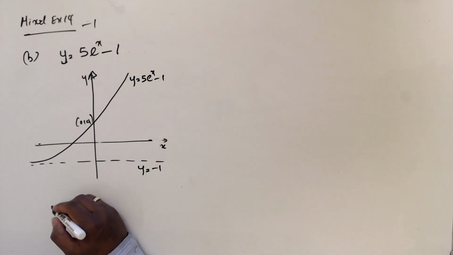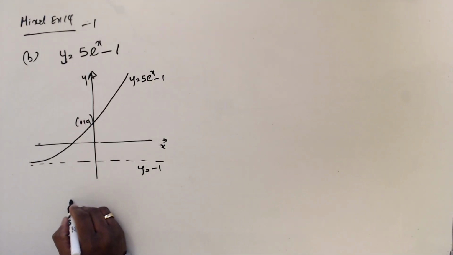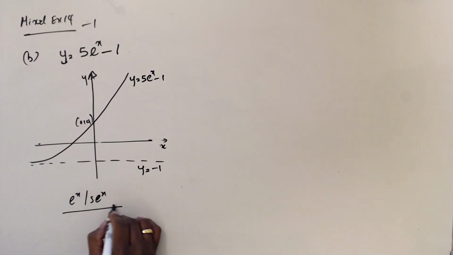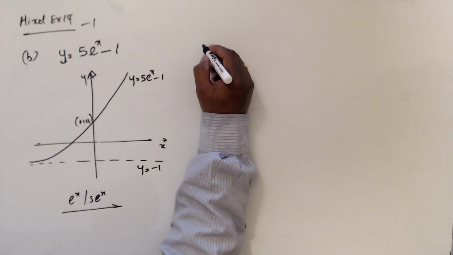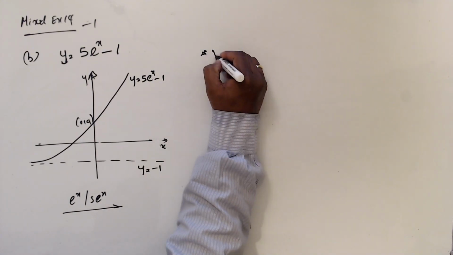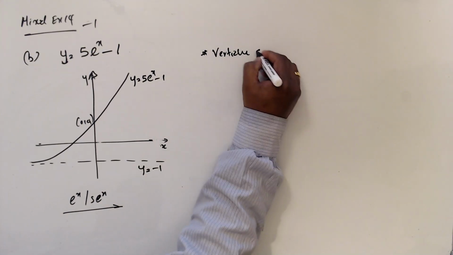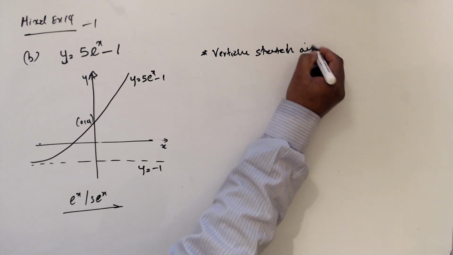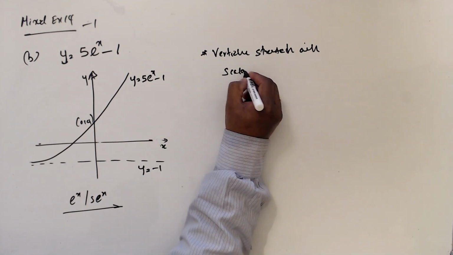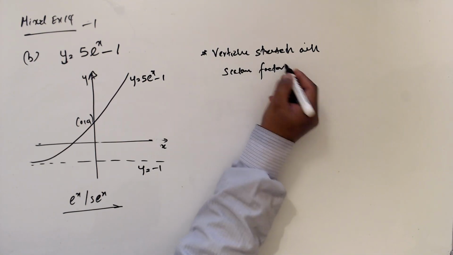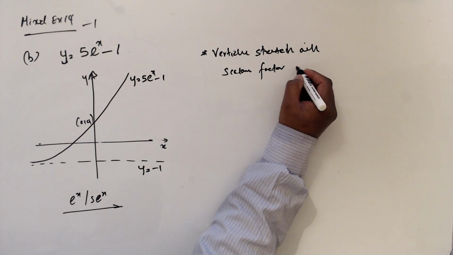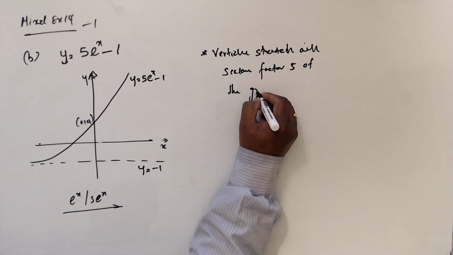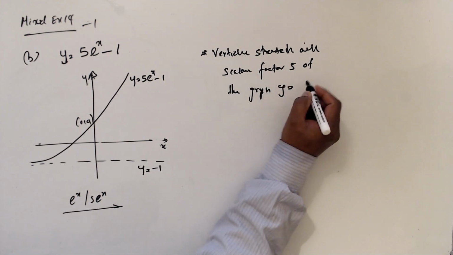So we can explain that. First of all, e to the power x to 5e to the power x is a vertical stretch with scale factor 5 of the graph y equals e to the power x.